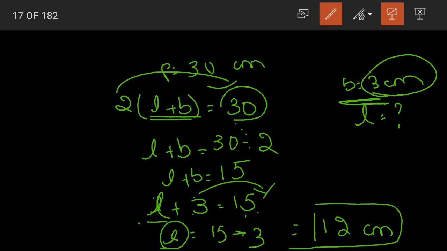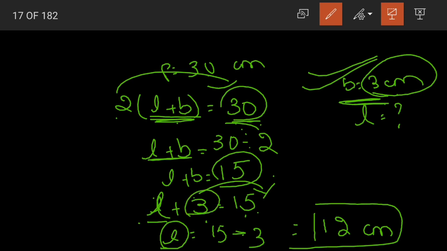Is this clear? 2 into this is equal to 30. Then only L plus B will be equal to how much? 30 divided by 2, 15. Now from the L plus B, we already know the value of B. It is 3. Now L plus 3 is equal to 15. So what is the value of only L then? We have two addends here, but we do not know the value of one addend, but we already know the value of the sum.